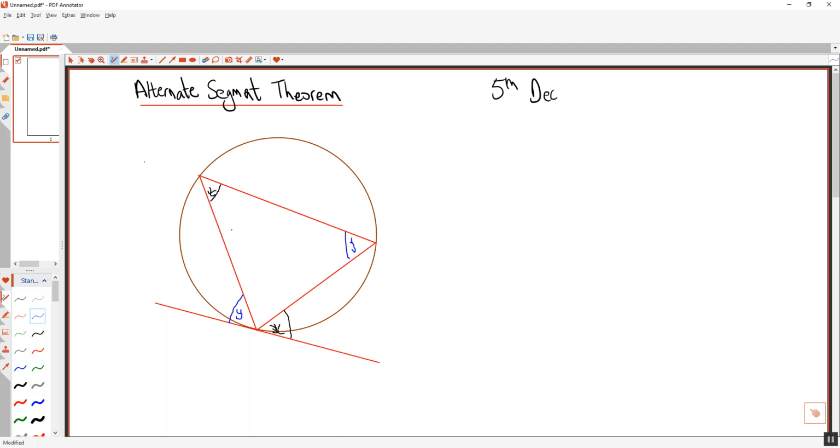Now, the way I go about remembering this is I think of that as being the sun. I think of the tangent line as being the horizon.